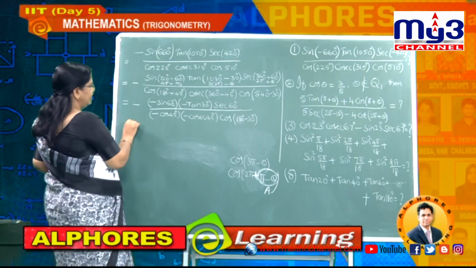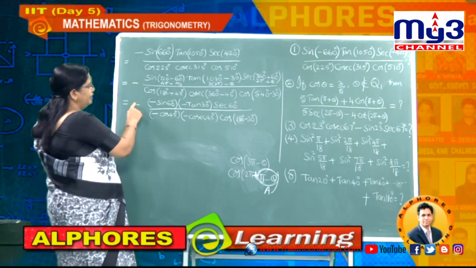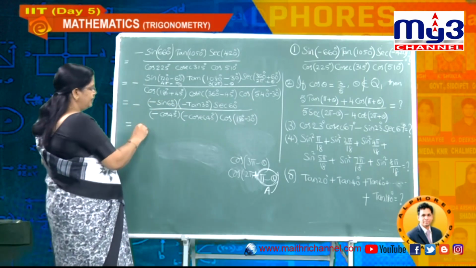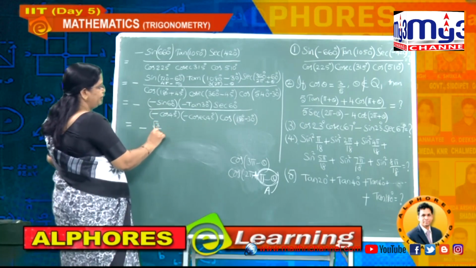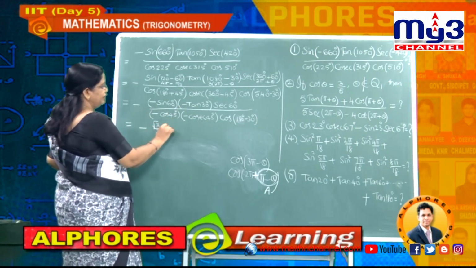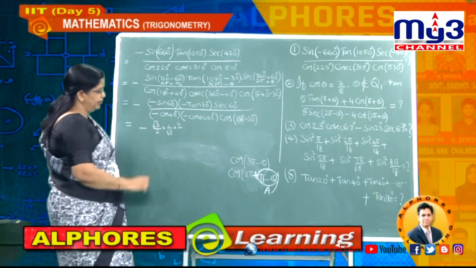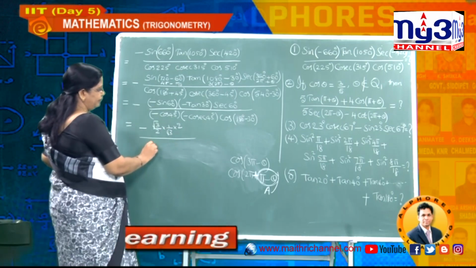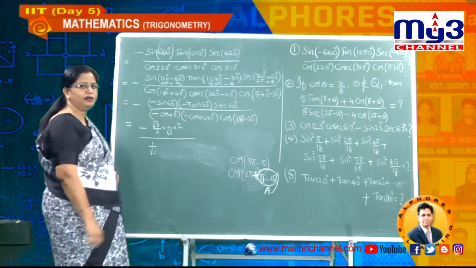And now let us first find how many minus symbols in the numerator. Minus into minus into minus, one extra minus. After that sin 60 is root 3 by 2, tan 30 is 1 by root 3, secant 60 is 2. And in the denominator, if you observe cos 45 is 1 by root 2, this minus into minus you got how much now?